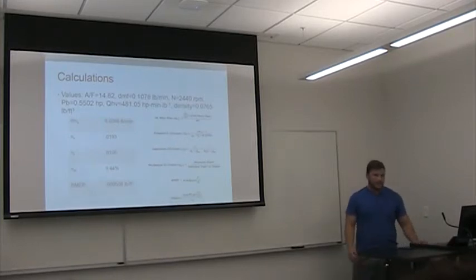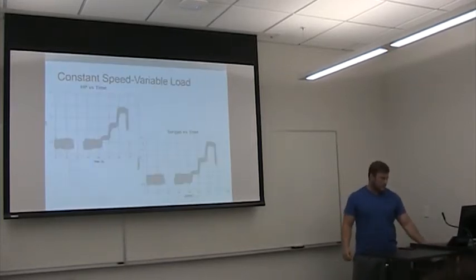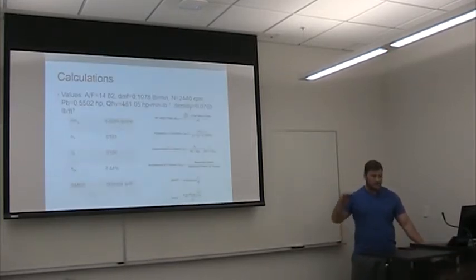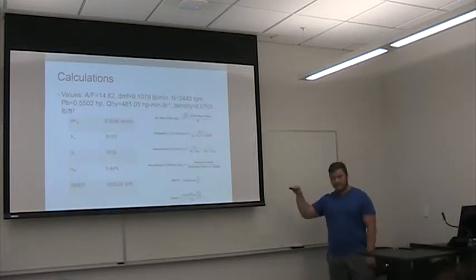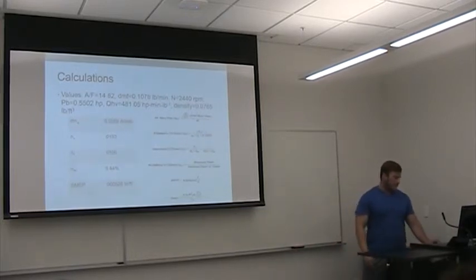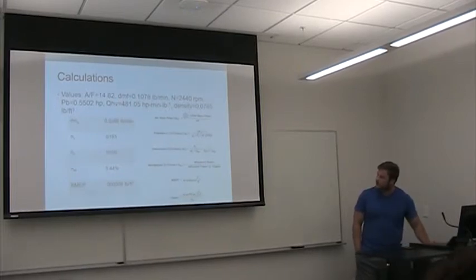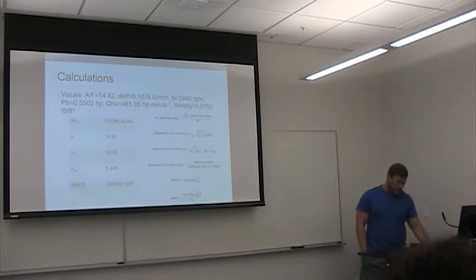So basically what I did was this plot of data. I just kind of found one set of data points, found the air-fuel ratio and the fuel mass flow rate, and using the first equation, found the air mass flow rate.